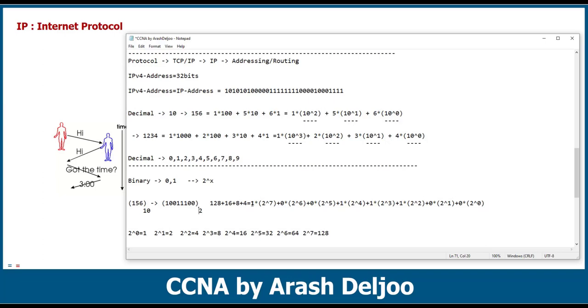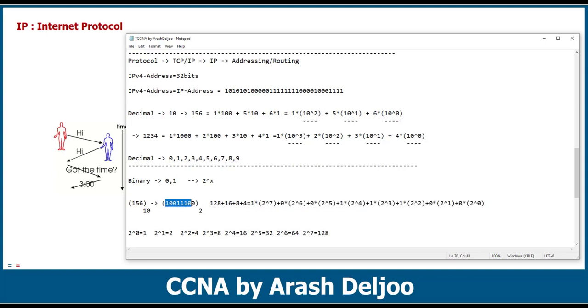Look at here, 1 multiply 2 to the power of 7, 0 multiply 2 to the power of 6, 0 multiply 2 to the power of 5. Again, 1 multiply 2 to the power of 4, 1 multiply 2 to the power of 3, 1 multiply 2 to the power of 2, 0 multiply 2 to the power of 1, and 0 multiply 2 to the power of 0. This is the binary value if you use the factors.